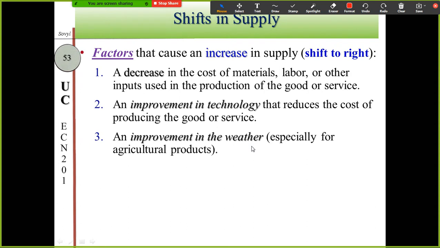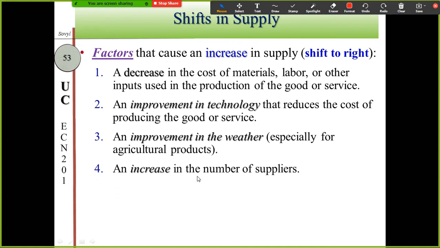That's why everything in agriculture provides more output. So when farmers can produce more output, the price of agricultural products tends to be cheaper. That's why if you run a restaurant, you buy rice, meat and vegetables to produce food at cheaper prices. The cost of production for producing food is cheaper. That's why you can produce more food and supply more to the customers. So as a result, the supply of food is increasing, the supply curve of food going to the right hand side.